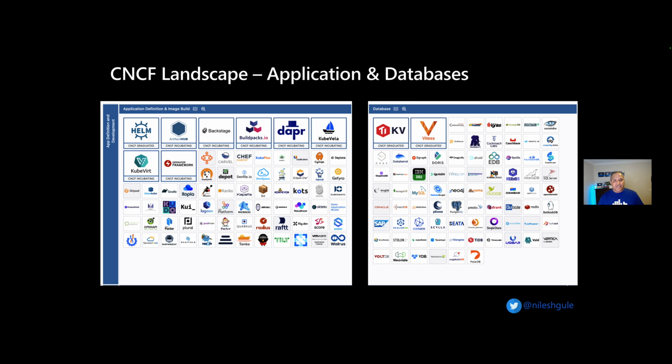from the Kubernetes ecosystem. This is where I would like to bring attention to the CNCF landscape, where the CNCF publishes a list of projects, tools, and services which are available in the whole ecosystem of the cloud native world. If we look at applications and databases, we can see there are a lot of projects listed here.